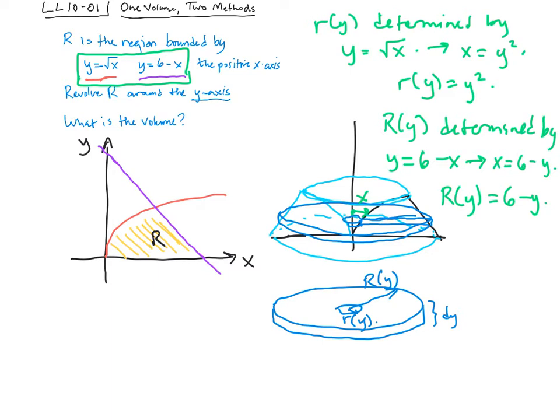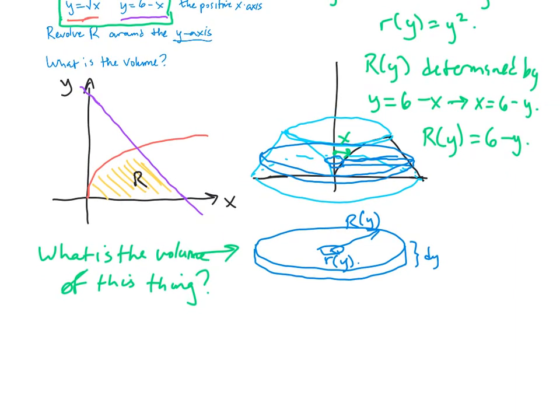Now, before I start setting up an integral, the thing I need to do is figure out what the volume is. What is the volume of this thing? To do that, I think I need to first think geometrically about what the volume is going to look like.